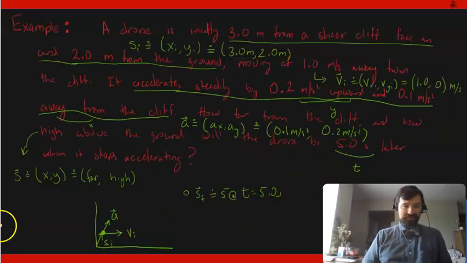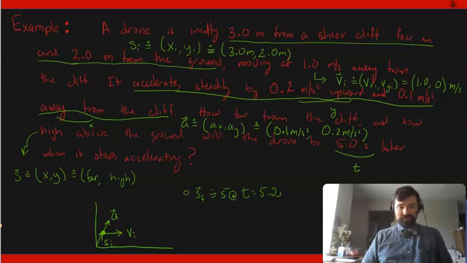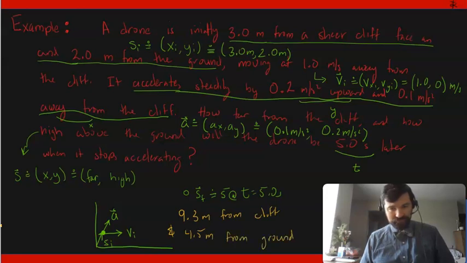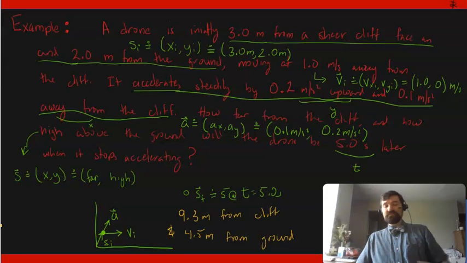So if I come back to this question over here, at this point we are 9.3 meters from the cliff and 4.5 meters from the ground. And we basically at this point solved a simple two-dimensional kinematics problem.